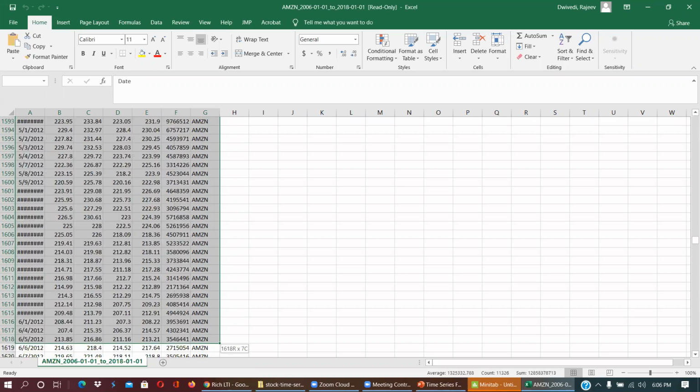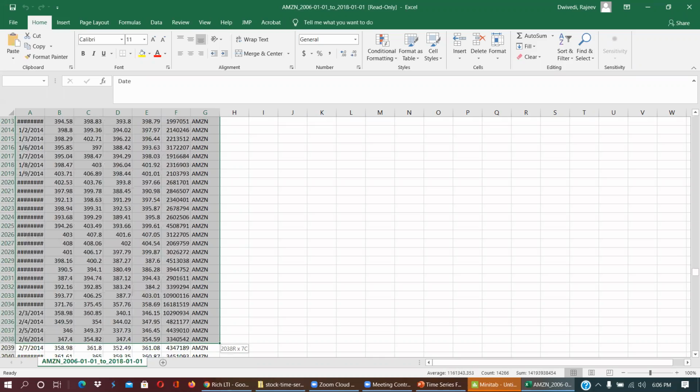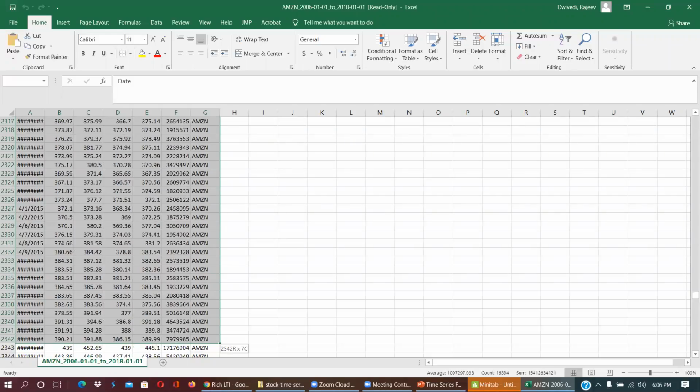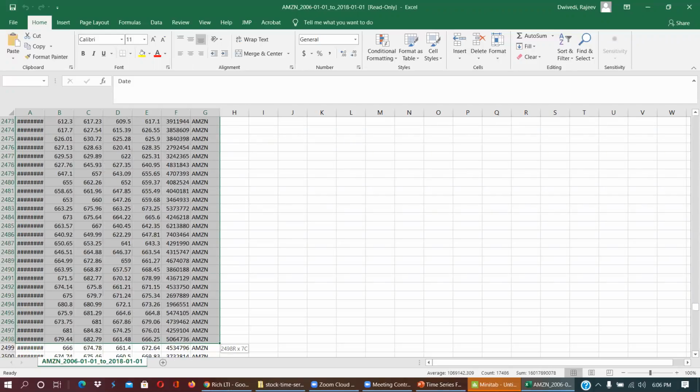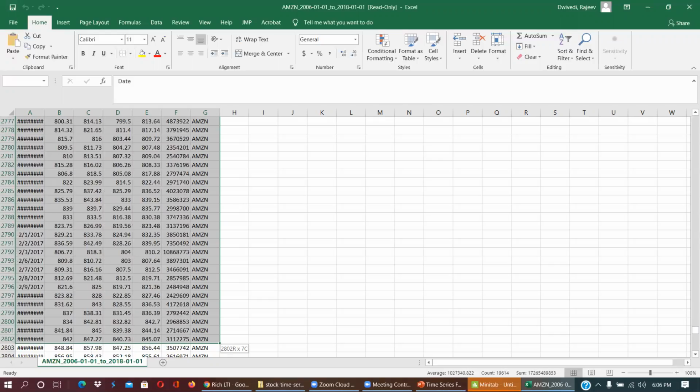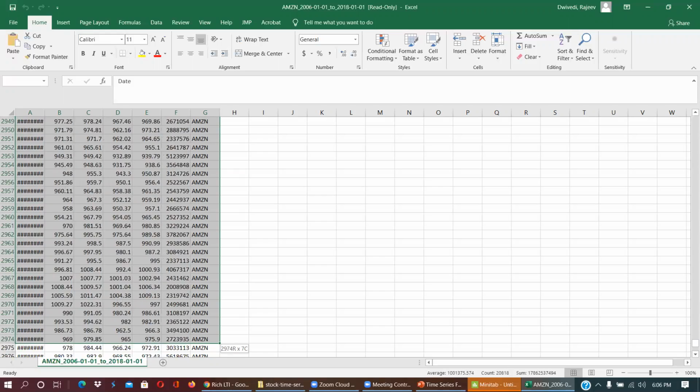This is real stock price data of Amazon.com, from 2006 up to, I think, 2017. I can even get today's data, up to today.